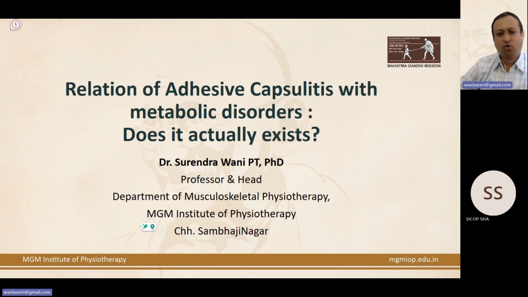Throughout this lecture, we will go through the current evidence and try to explore the possible relationship between adhesive capsulitis and metabolic disorders. So let's get started by having some background information about adhesive capsulitis and its pathophysiology.